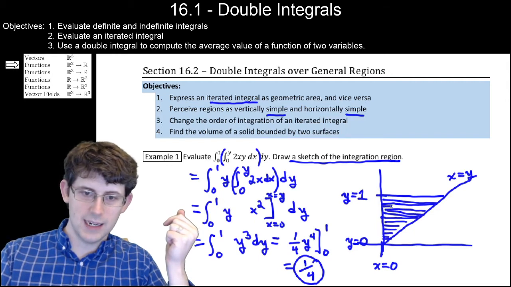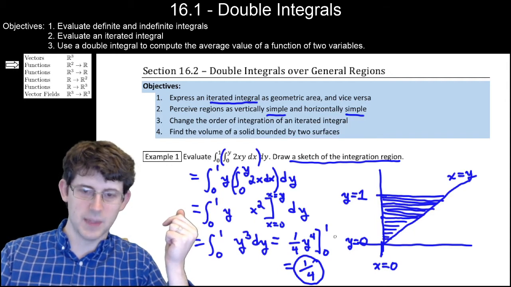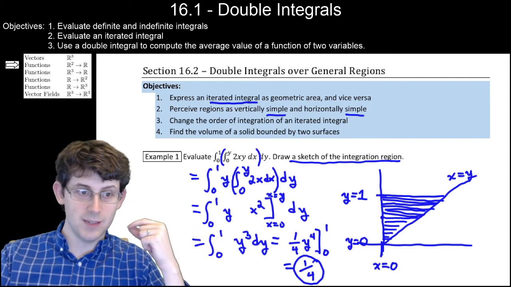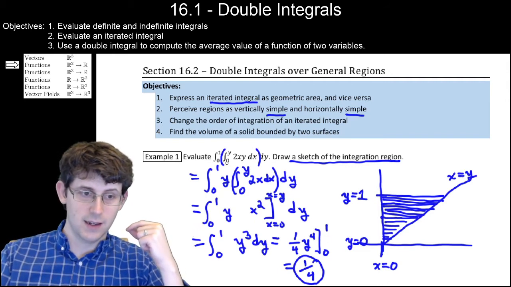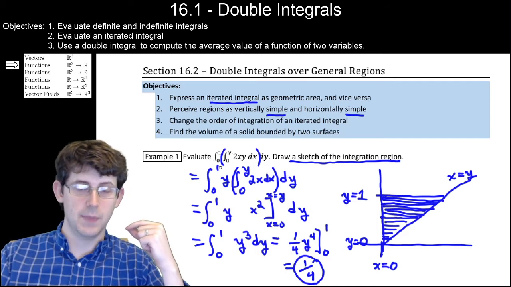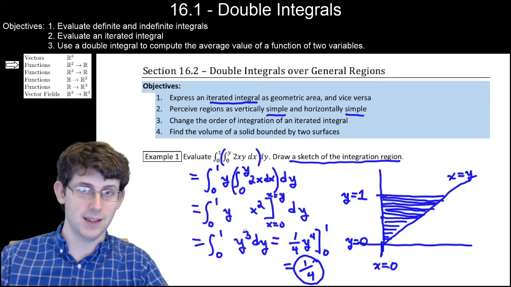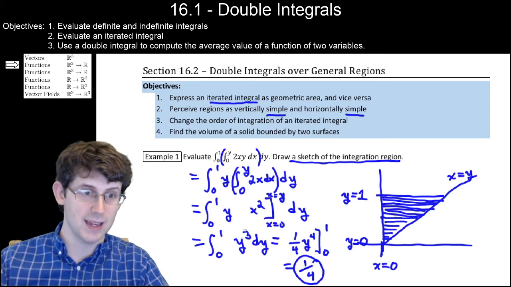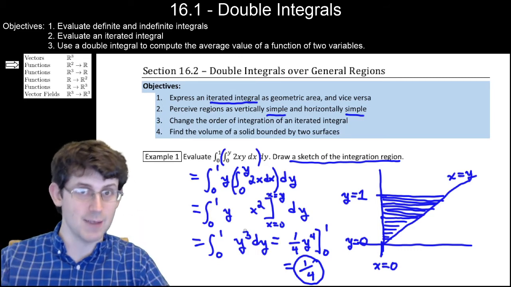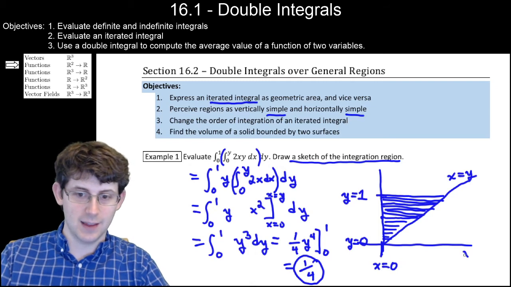This is the main insight that you need to get from this section, is that when you see bounds like this, the bounds are a rectangle if the bounds are all numbers. If the bounds are not all numbers, then it's some other shape, but there is a shape in the xy plane that the bounds correspond to.